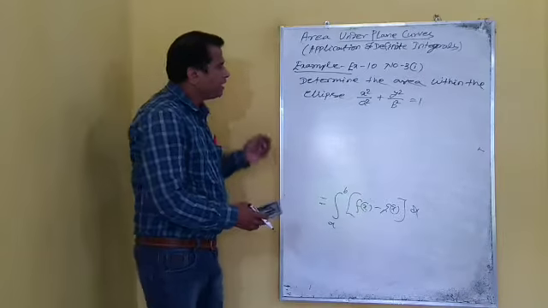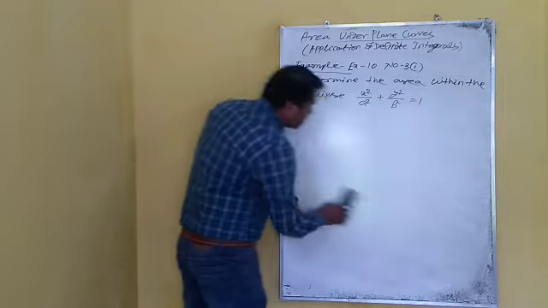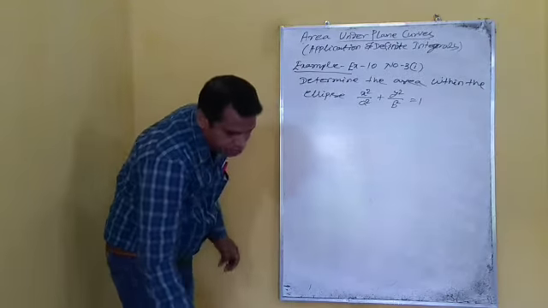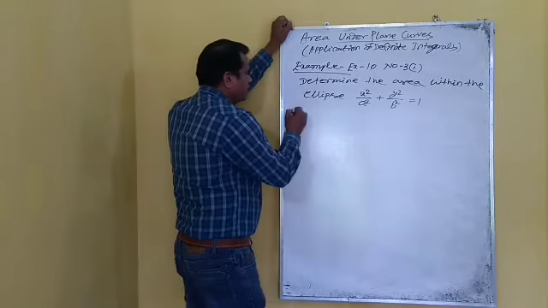Now we find the area covered by the ellipse x square by a square plus y square by b square is equal to 1. Answer.